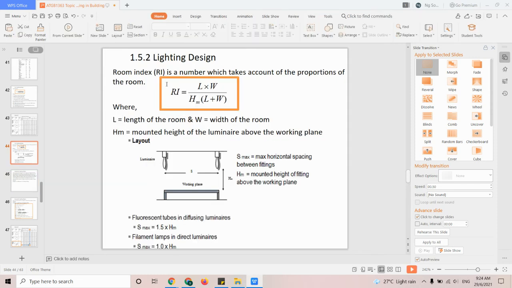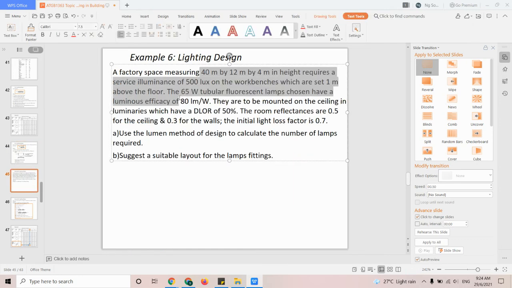So coming back to this room index, you'll notice that to get the value for this, you can make use of the sizing that you have been given in the question. So based on the size of the room and also the height of the light from the working plane, you'll be able to obtain a value which is the room index. So you're given all of these values and you'll be able to get the RI.